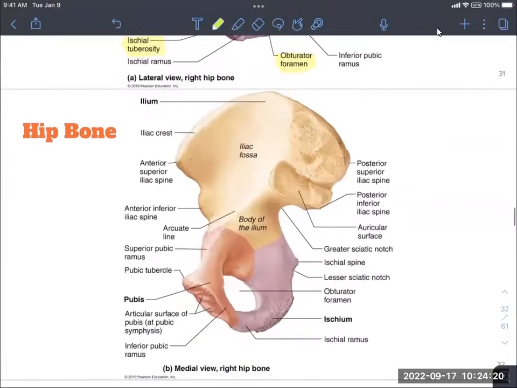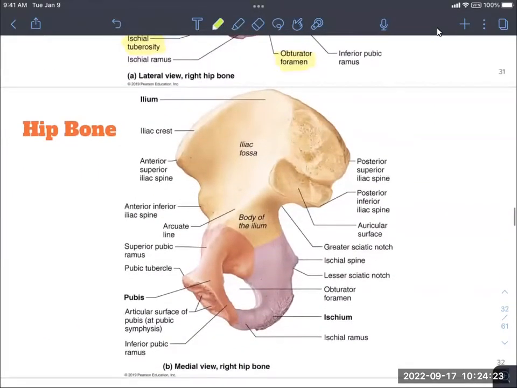So let's look at the other side. I'm pointing out the main features on these bones, not everything, just the main features. Again, that ilium at the top has that iliac crest, anterior superior iliac spine, anterior inferior iliac spine, posterior superior iliac spine, and the posterior inferior iliac spine. On that posterior surface, through here, is what articulates with the sacrum.